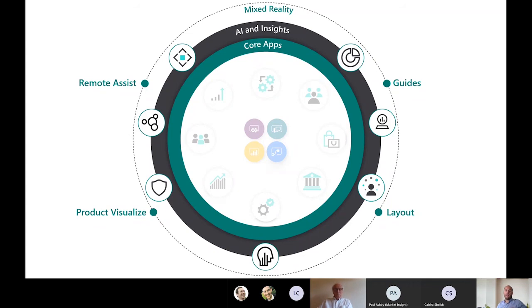Because this all sits on the same platform, you can be assured that all of the data, all of the intelligence you're capturing by having that interaction with a potential prospective student is coming into the same Dynamics 365 business applications ecosystem for you to be able to act upon that data.